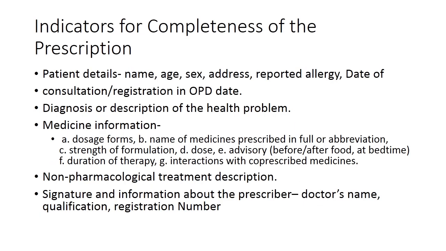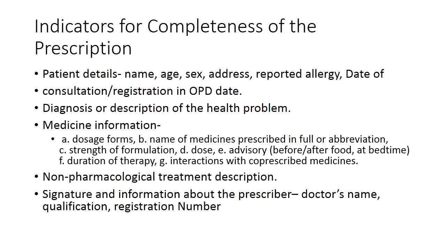Now, indicators for completeness of prescription would include the details of an ideal prescription: patient's details, the consultant's details, diagnosis or description of the health problem, information on medicine, that is dosage form, names, full or abbreviated, strength of formulation, dose, advice regarding food, duration of treatment, interaction with co-prescribed drugs.